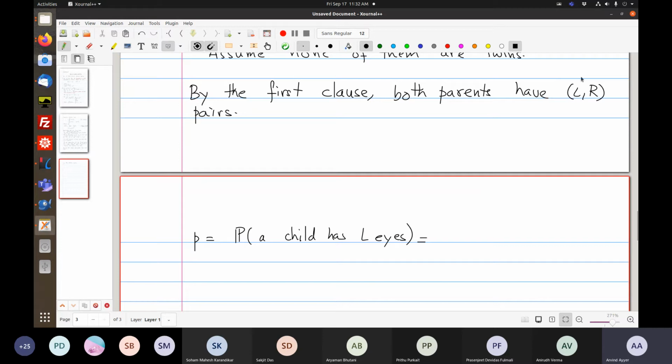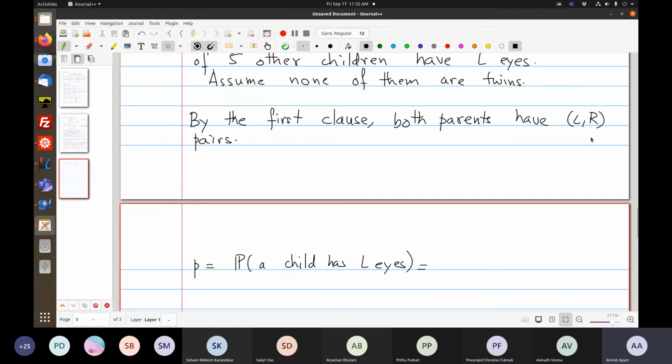A child will take one random gene from each parent. The question doesn't say, but you assume both are equally likely. For a child to have blue eyes, it must have L comma L, only one possibility. This L can occur in exactly half the ways, and this L can also occur in half the ways, so we get 1/4.